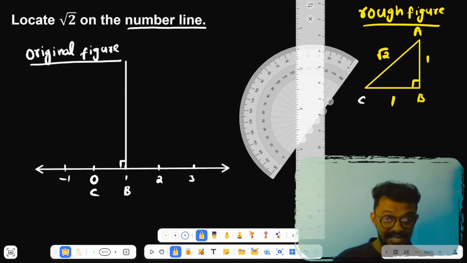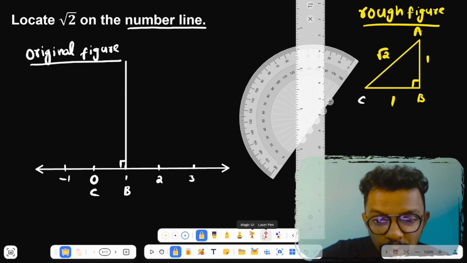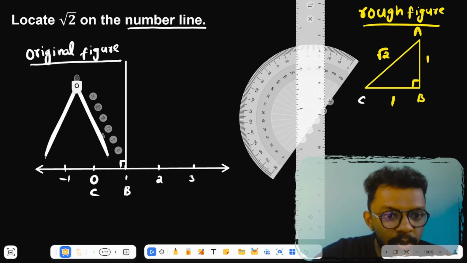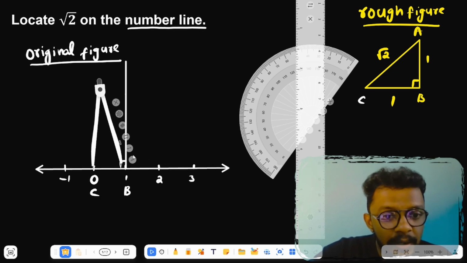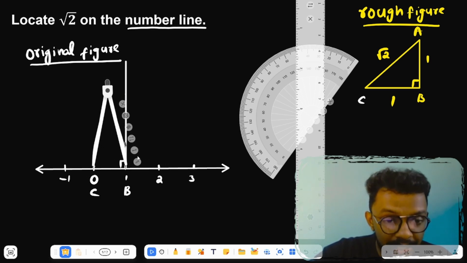Okay, you didn't understand. First of all, I need what CB is now. So in order to do that, I will take the compass. And this is that one. It's there in our geometry box. Using this compass, I will take 1 unit, depending upon what 1 unit I took.